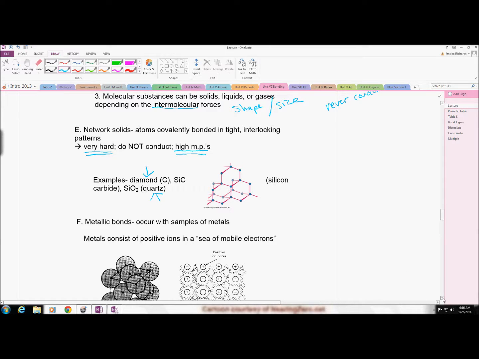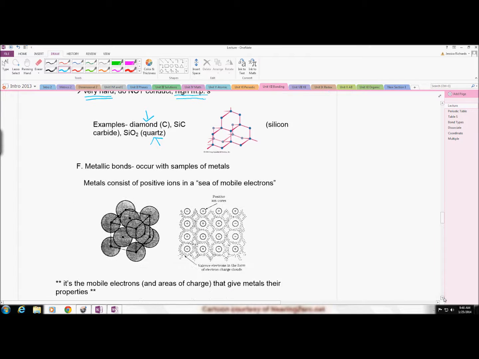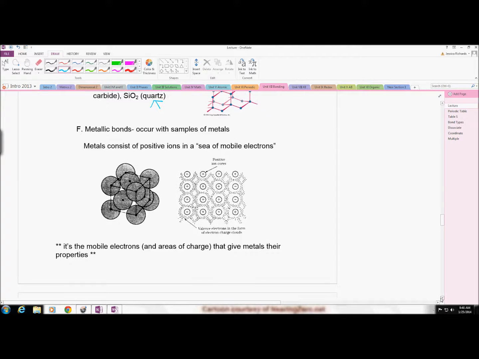Last but not least, we have our metallic bonds. Positive ions in a sea of mobile electrons. Remembering that metals have very low ionization energies. That means they lose their electrons very easily. And those electrons all flow around, and they all share their electrons within the same sample.